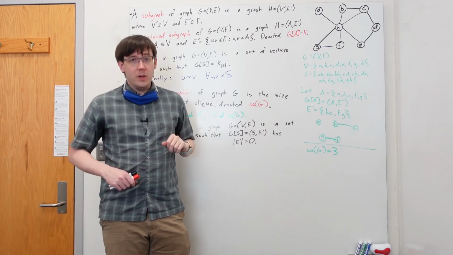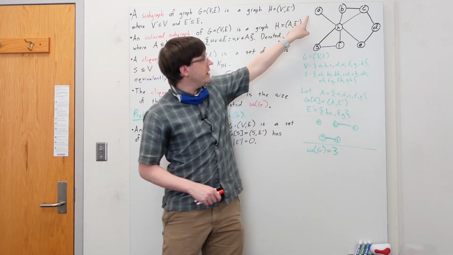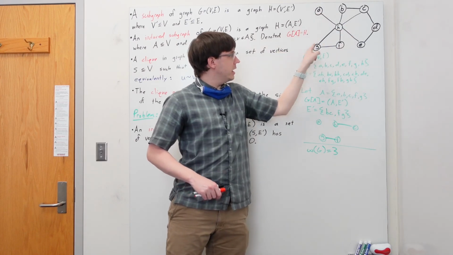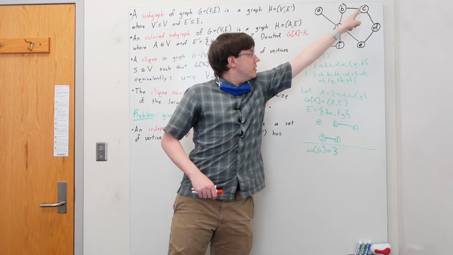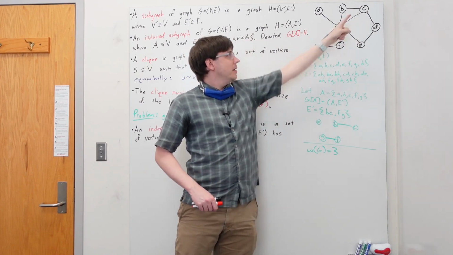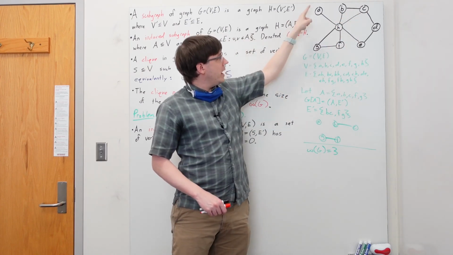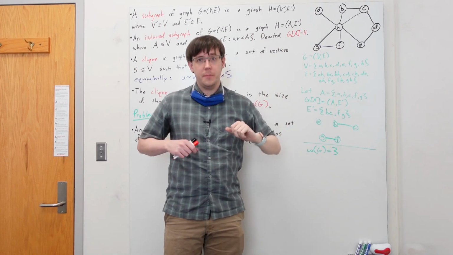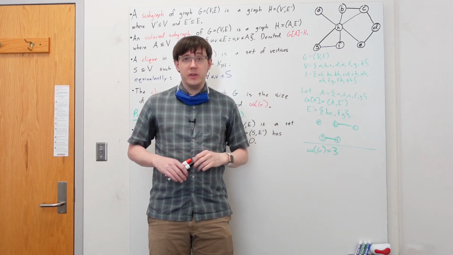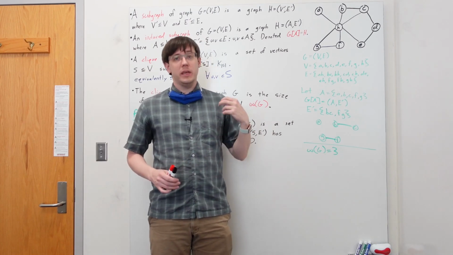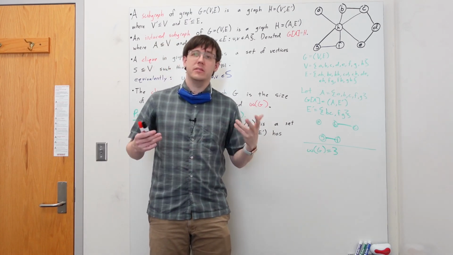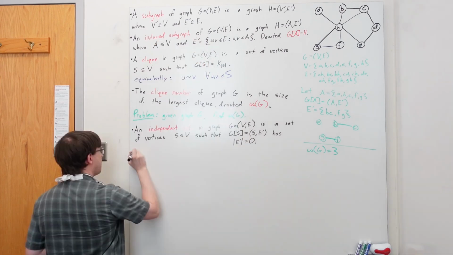So for example, an independent set would be A, C, E, and G, because A is not adjacent to C, E, or G, C is not adjacent to A, E, or G, and so on. And just like we defined the clique number as the size of the largest clique, we can define the independent set number as the size of the largest independent set.